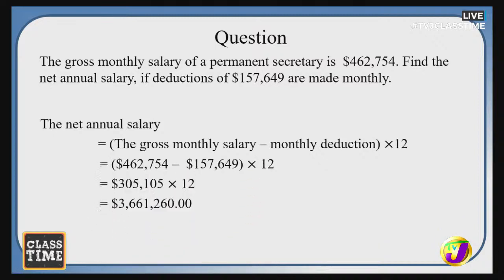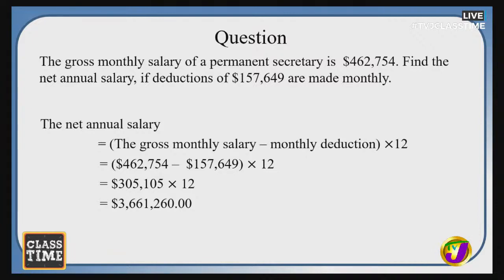And of course, we have identified from the stem what the gross monthly would have been, which is $462,754. And from that, we take the monthly deductions, which would be $157,649. And when we would have done that subtraction, whatever is the difference, we multiply that by the 12 in order to get the net annual salary.